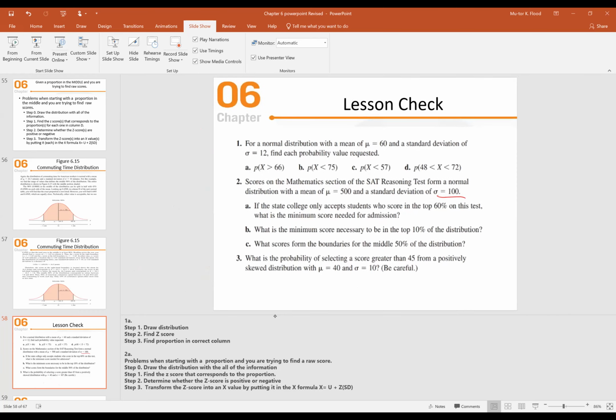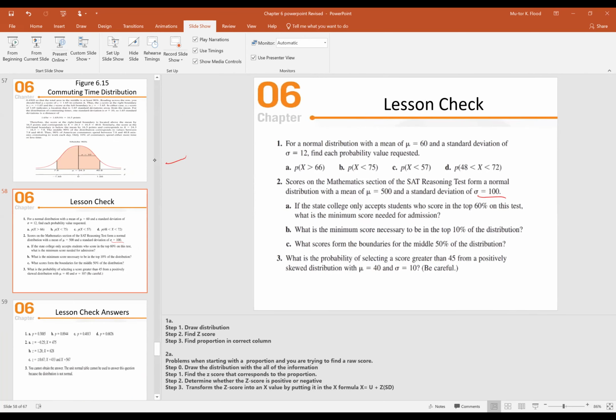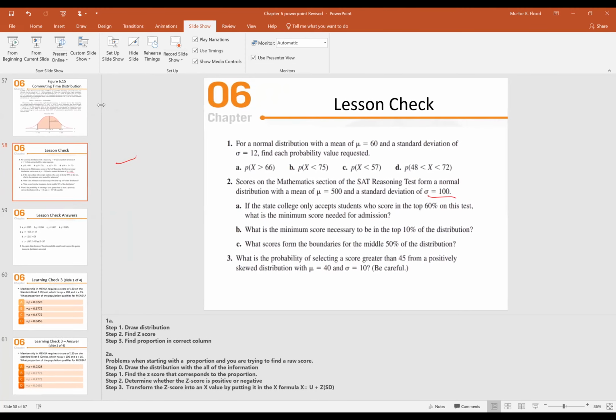So what scores form the boundaries for the middle 50% of the distribution? Let's draw the distribution again. Now it just wants us to find the scores that form the boundaries for the middle 50%. The middle 50% is here and here.